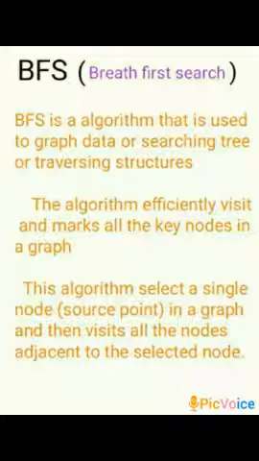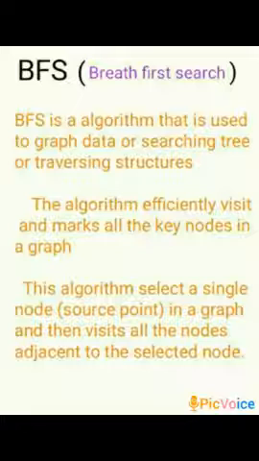This algorithm selects a single node in a graph and then visits all the nodes adjacent to the selected node. This means in this algorithm, first we select a vertex that is called a source node or source vertex, or we consider the initial vertex as the source node, and then we will start traversing from that source node that we have selected.